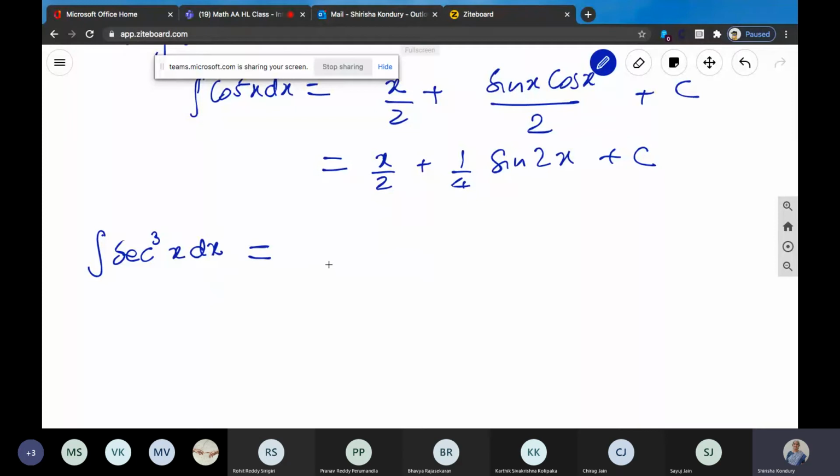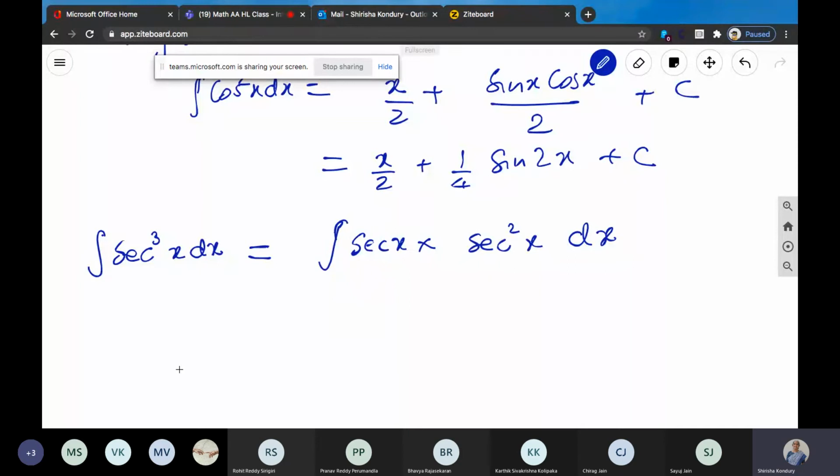How do I decide which is u and which is v, right? Let me rewrite this secant cube x in a form. Now tell me, Chirag, which of these two expressions, whose derivative and integral you readily know, will make things easier.